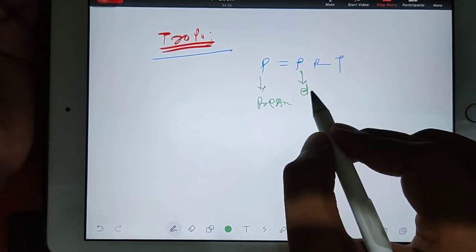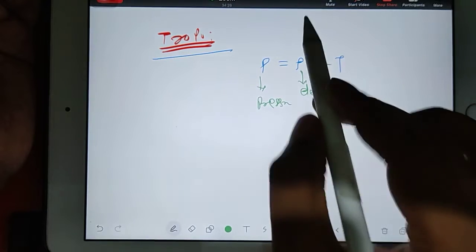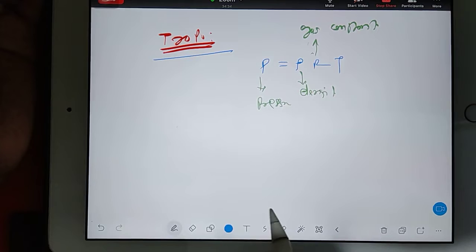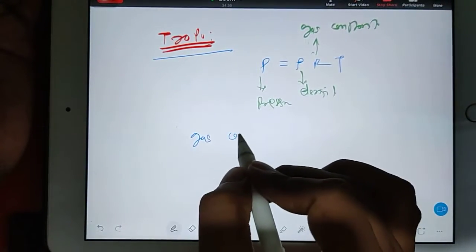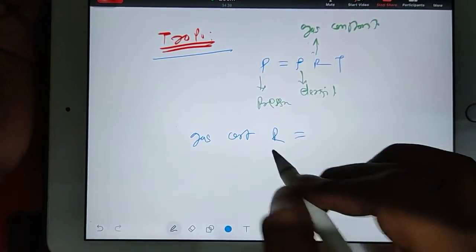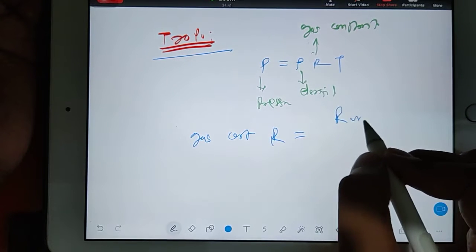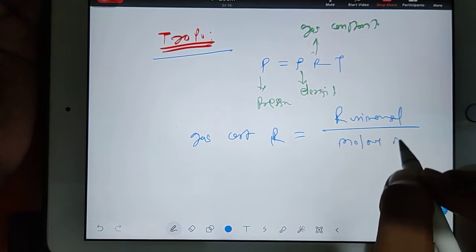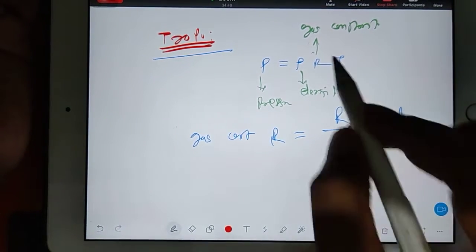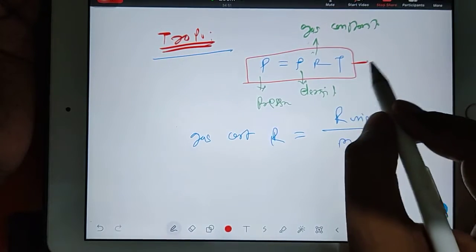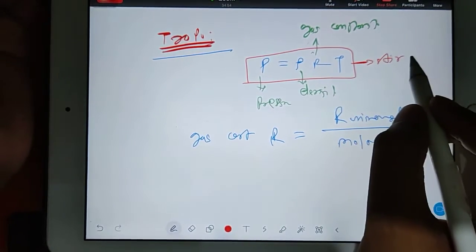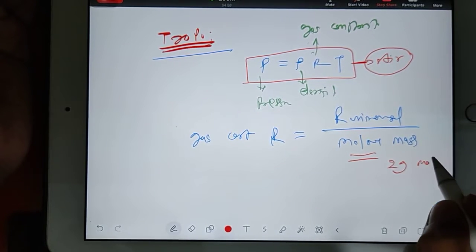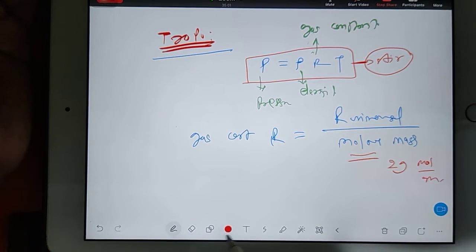P is the pressure, rho is the density. What is R? R is known as the gas constant. You can find its value from R universal, the universal gas constant, divided by molar mass. In our atmosphere, which gas is present? Air is present. What is the molar mass of air? 29 grams per mole.